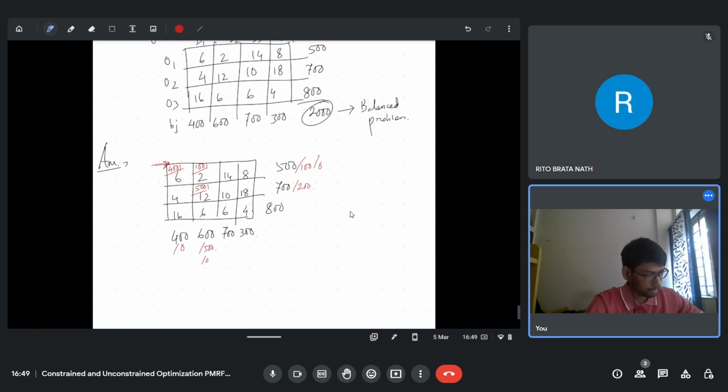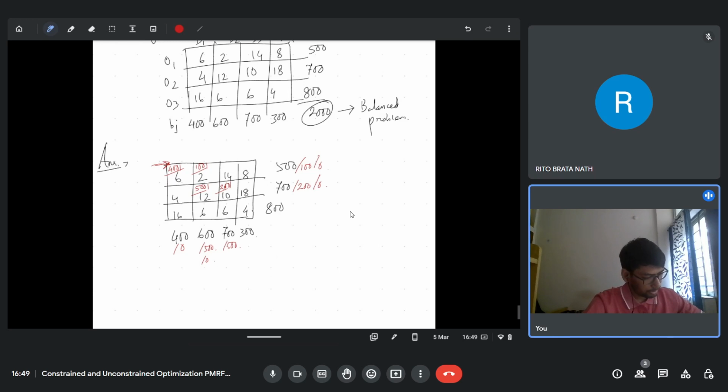You can allocate your 200 here, this becomes 0, and finally this becomes 500. Now you can delete your second row as well.